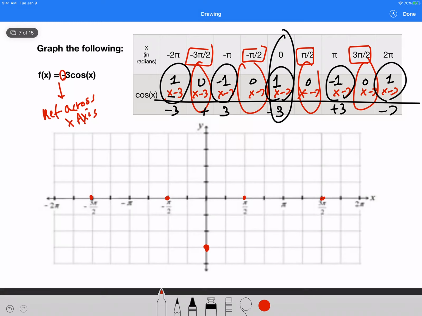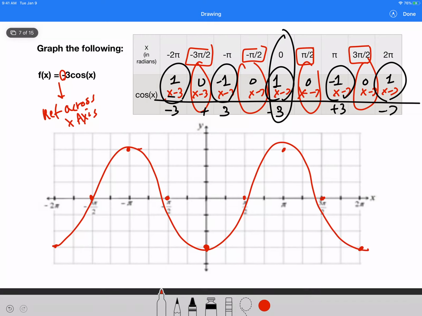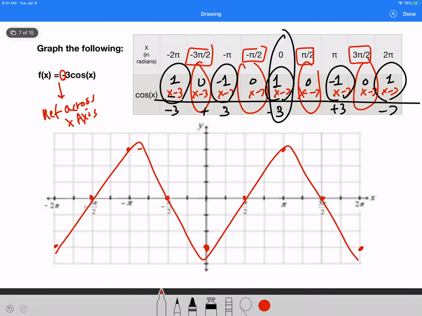Okay? And then you go to positive 3 for pi, negative 3 for 2 pi, 3 for negative pi, negative 3 for negative 2 pi. So your graph will look like that. Now, please, when you graph this, don't do this, okay? You know that it's not going to be like a letter M shape.